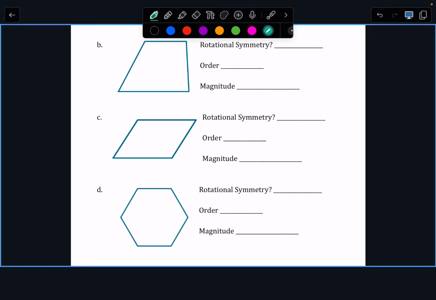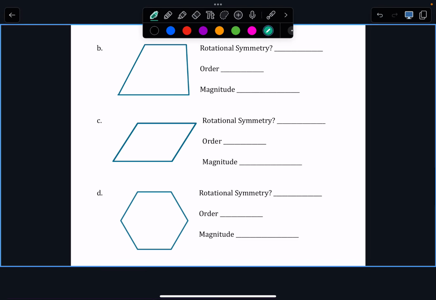Oh, no, this one's 6. I know this. The magnitude, if the answer is yes, you can. How many times you rotate it to get it back to normal? I think it's better than order, so 180.